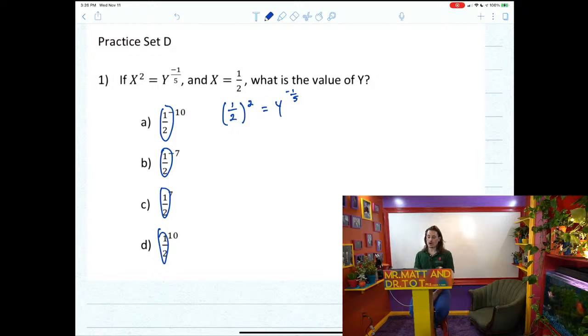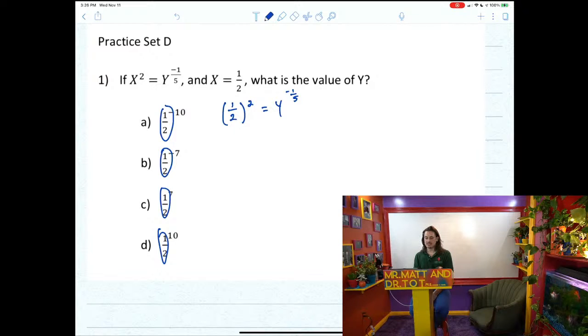I need to get y by itself. If they're asking me for the value of y, that's just another way of asking me to isolate for y. So the thing that's keeping y from being by itself is that exponent of negative 1/5. Remember though that when we take a power of a power, if we exponentiate an exponent, then we solve that through multiplication.